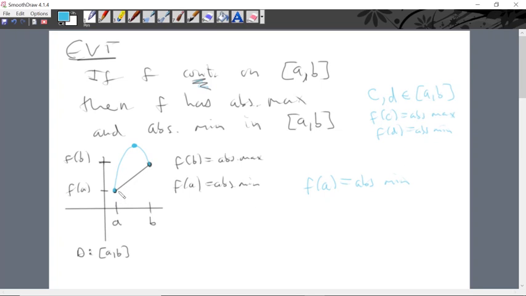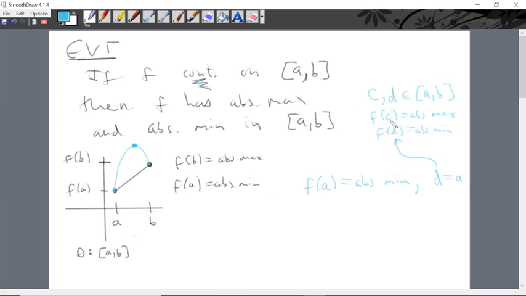Well, in this case, if f of d is the absolute minimum, then the value of d that we're choosing here is equal to a. I'll write that over here. So d is equal to a. There is some value within this domain such that it outputs the minimum.